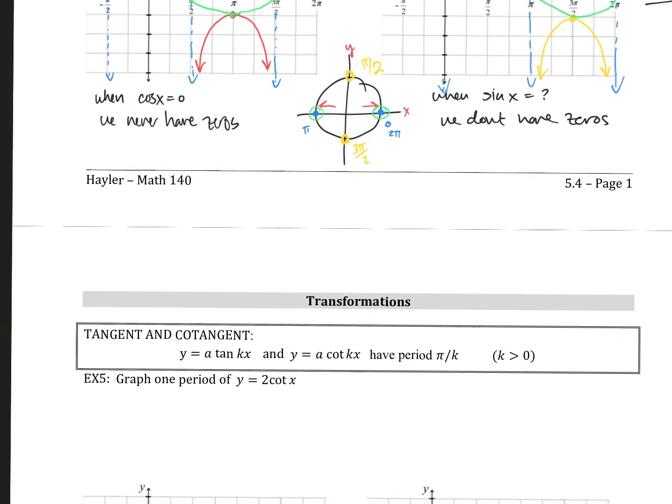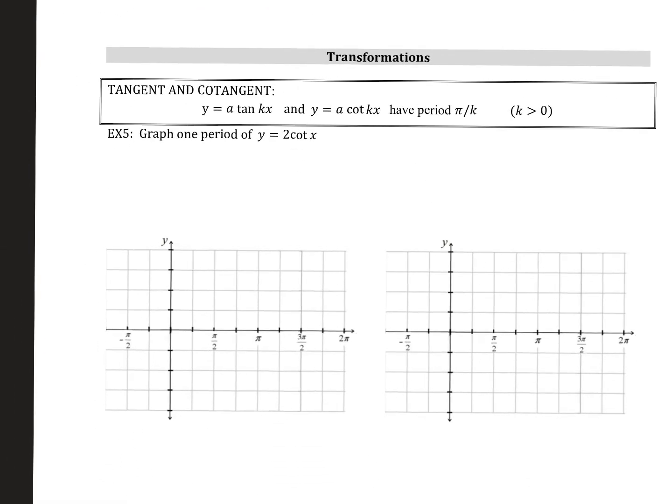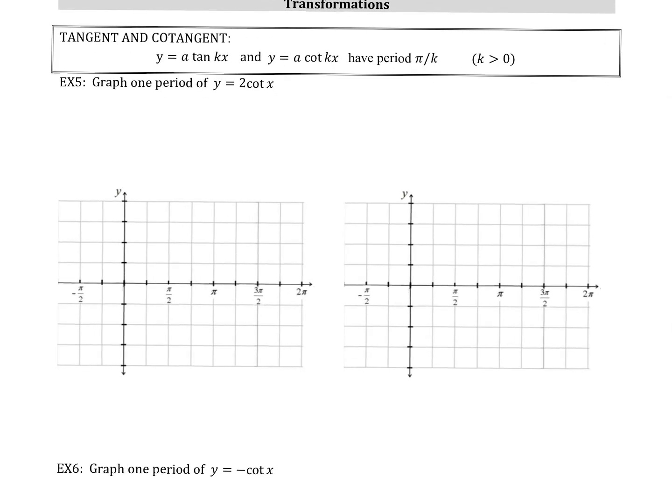Alrighty, moving on, transformations. So for tangent and cotangent, if we have y equals a tangent kx, and y equals a cotangent kx, they have period pi over k, which means if there is a number near x, you take that number and divide pi by it, and that is your new period.